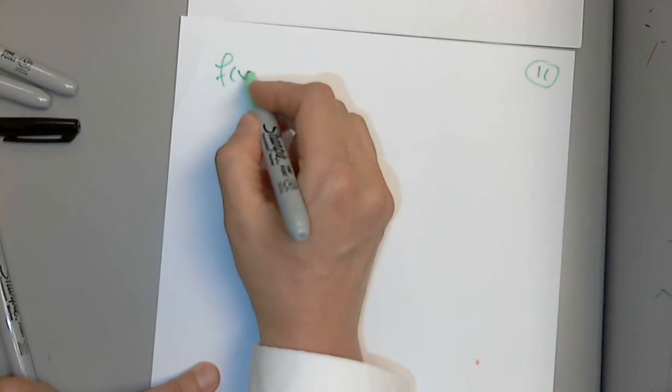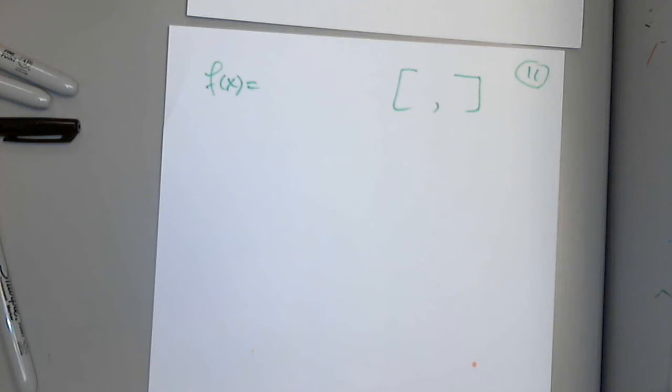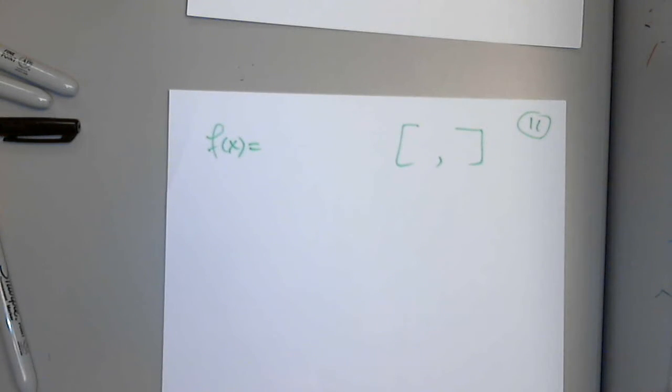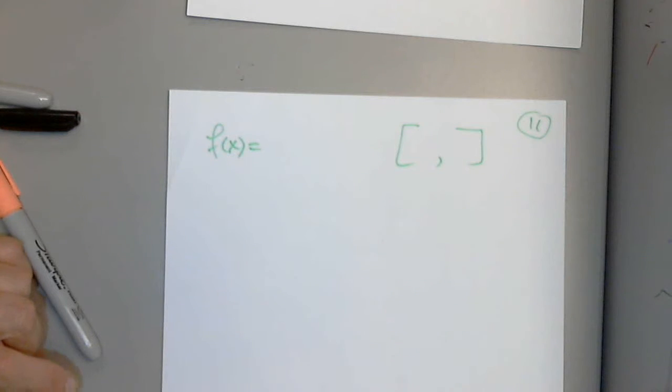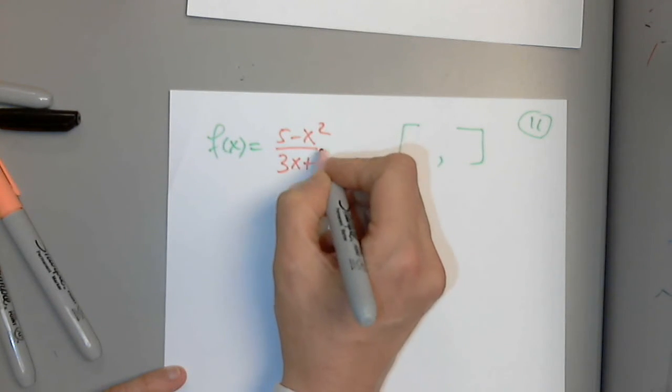So let's come up with another function and another interval. Choose a function that you like and give us any interval you like. Five minus x squared over 3x plus 4.